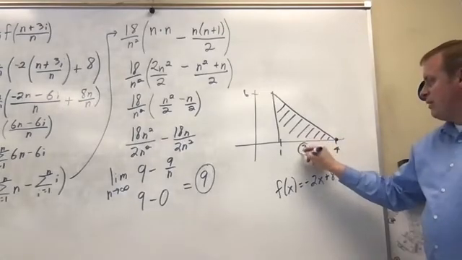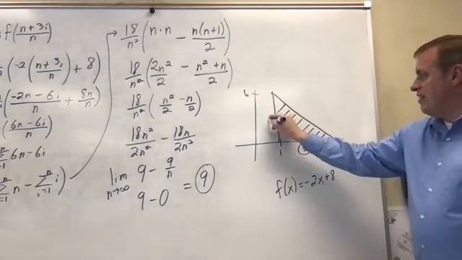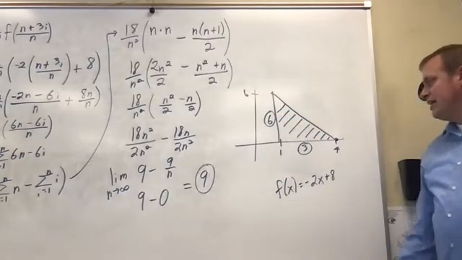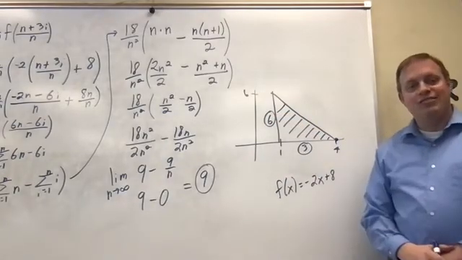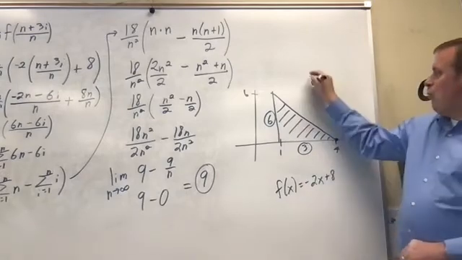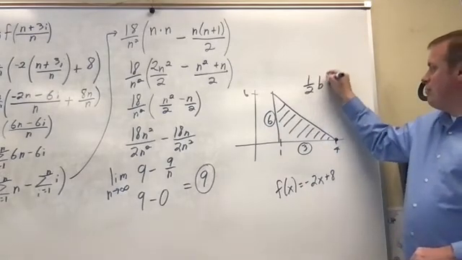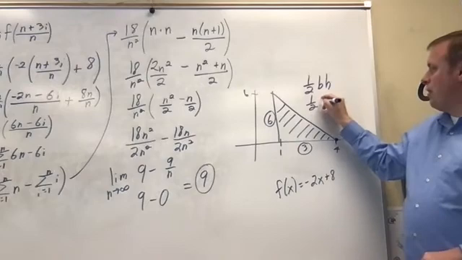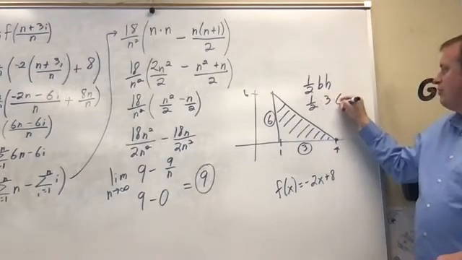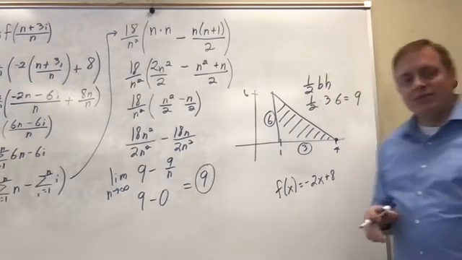We know this has a width of 3. This has a height of 6. And yes, ladies and gentlemen, it's a triangle. 1/2 base times height results in 1/2 times 3 times 6. How about that?